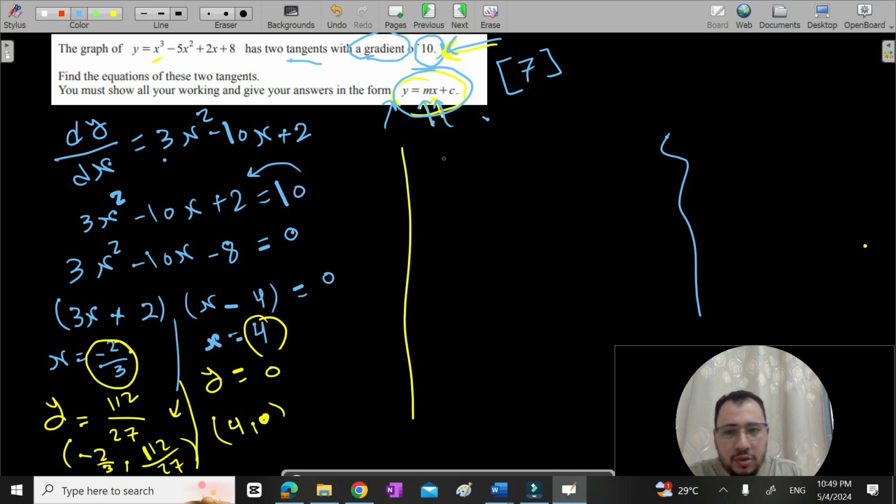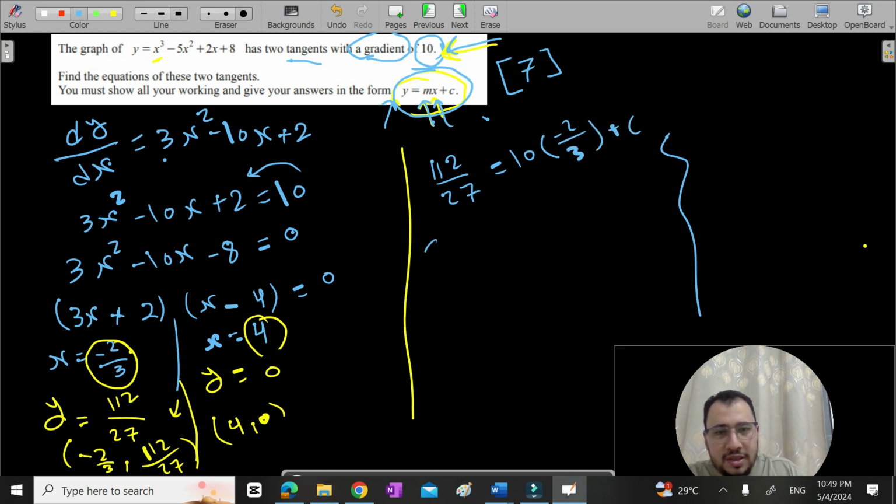So let's substitute. Y equals mx plus c. So substitute y with 112 over 27 equals m x, m is 10, x here is negative 2 over 3, plus c. So here c equals 112 over 27 plus 20 over 3.